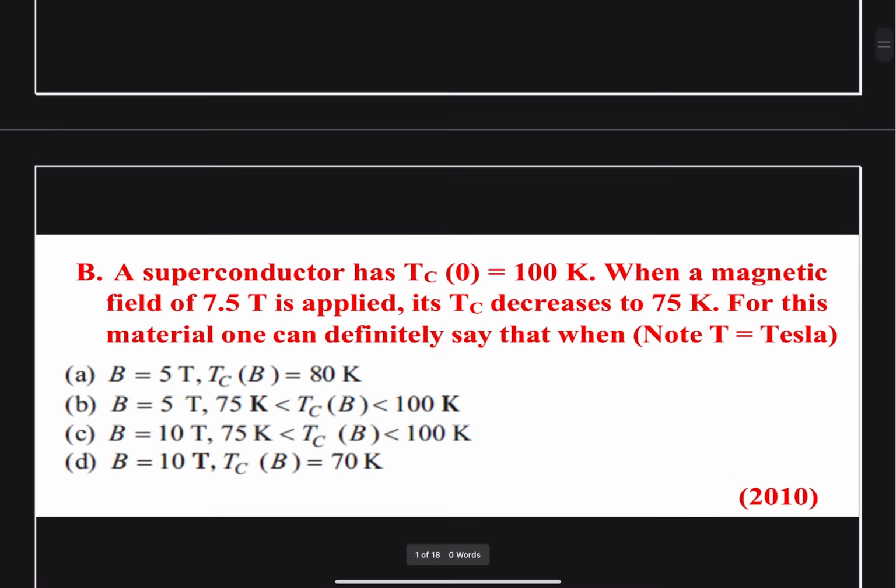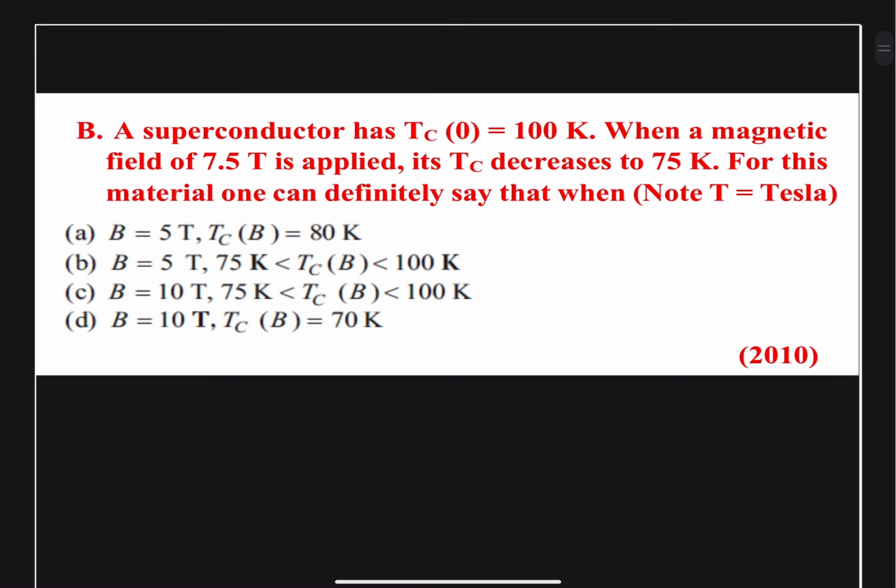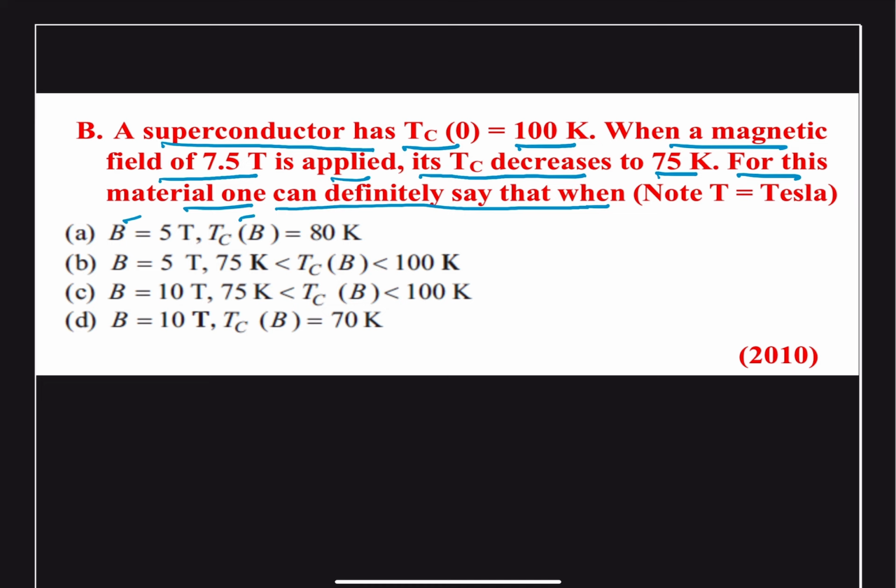And in part B, it is said that superconductors has Tc naught at 100 degree Kelvin. When the magnetic field of 7.5 Tesla is applied, Tc decreases to 75 Kelvin. For this material, we have to find out the relationship or a combination between the magnetic field and the critical temperature at that particular magnetic field.